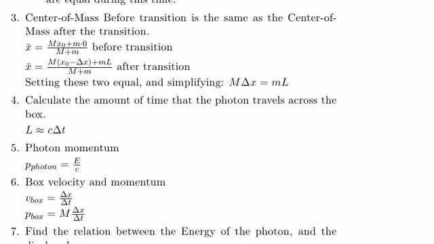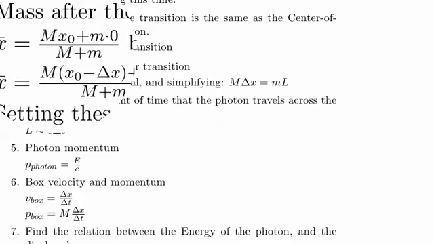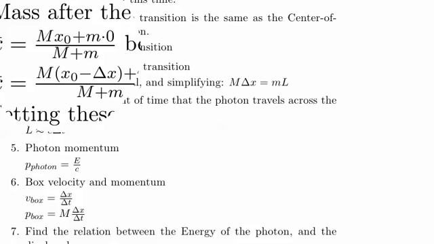Now, the center of mass before the transition is the same as the center of mass after the transition. So x bar equals the mass of the box times its position plus the mass of the photon times its position, divided by the sum of the masses.